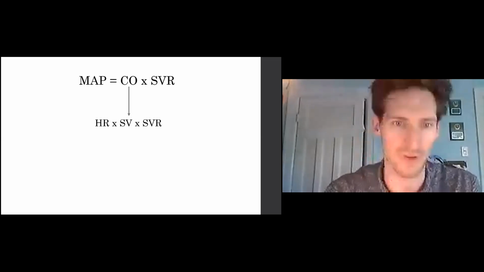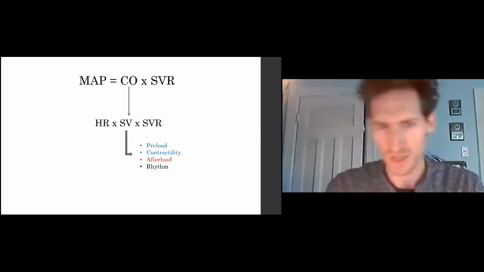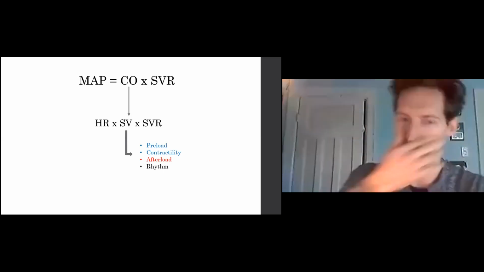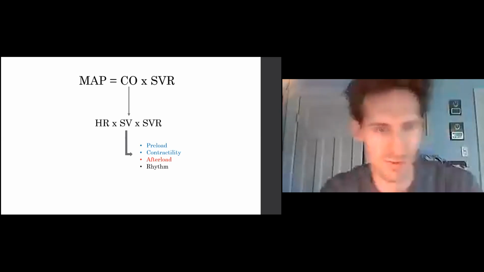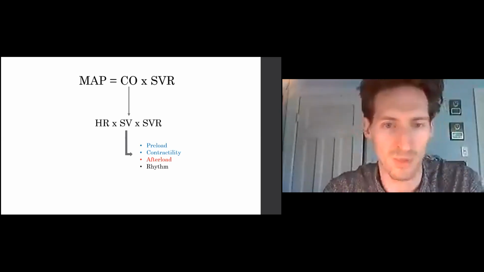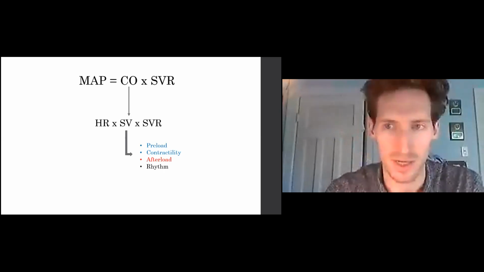And your stroke volume is a function of these four items. Obviously, rhythm is not going to play that much role in a hypertensive crisis, but the other three are going to be quite important. When you realize that blood pressure is a component of all these things, it gives you an idea of what the targets are to go after.